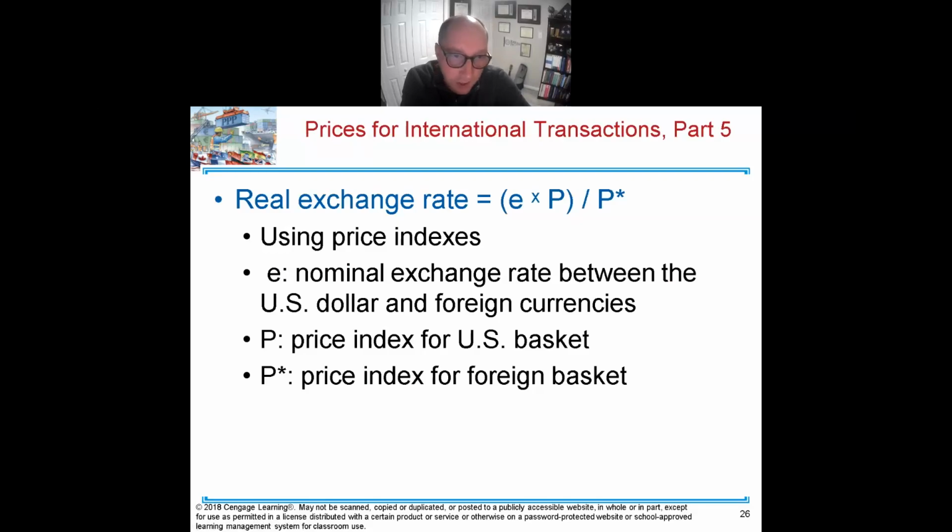Sometimes we use indexing for exchange rates. Don't worry, I'm not going to have you calculate exchange rates. That'd be silly. Nominal exchange rates between the US dollar and foreign currencies is represented by the exchange rate. The price is based off of the index for the US market, and the foreign price is the price index for the foreign market.